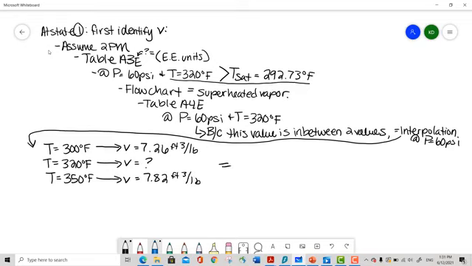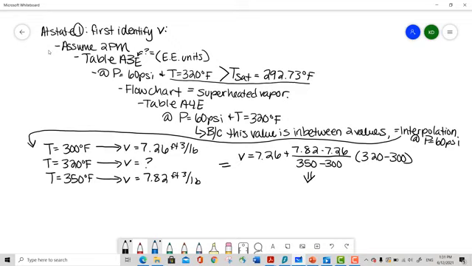When we plug this into the formula, remember it's really easy to set up your formula like this so that you know exactly where those values need to go. It ends up looking a bit like this, over minus 300, and then 320 minus 300.